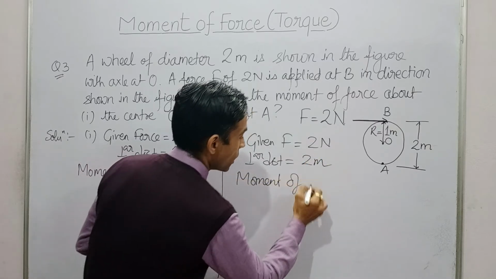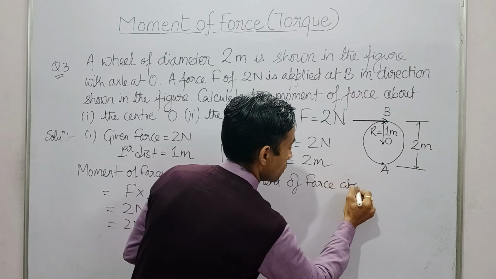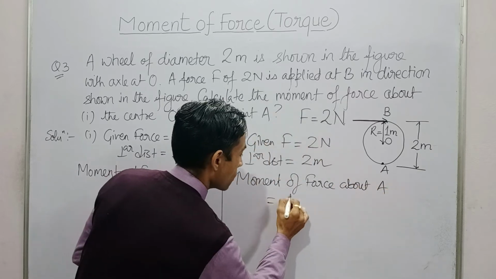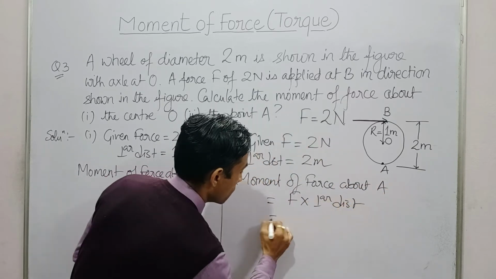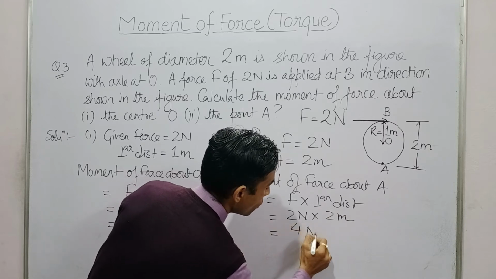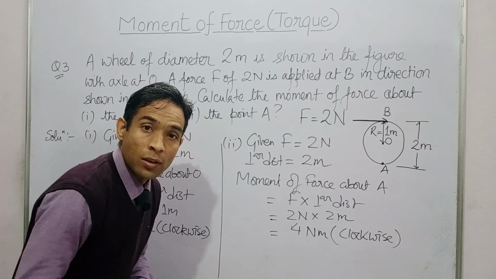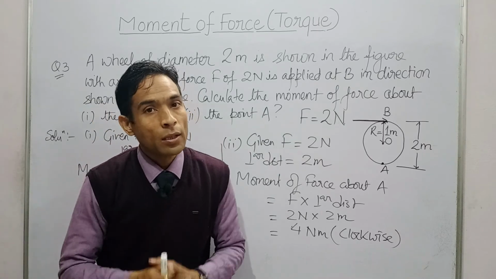So moment of force about the point A is 4 Newton meter clockwise. This is our answer. Let's see our next numerical.